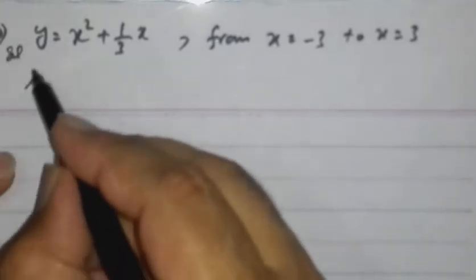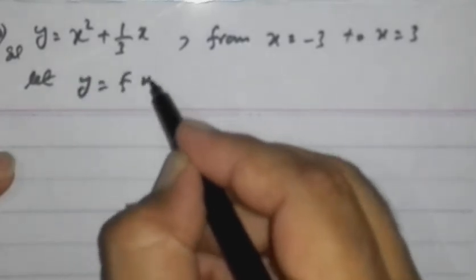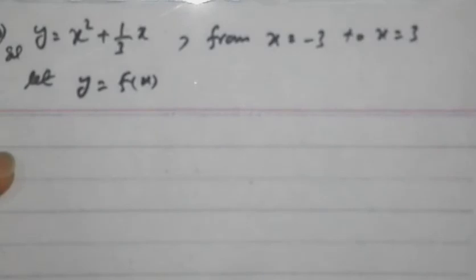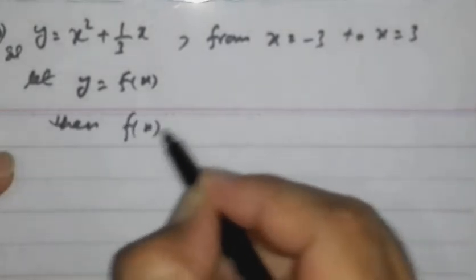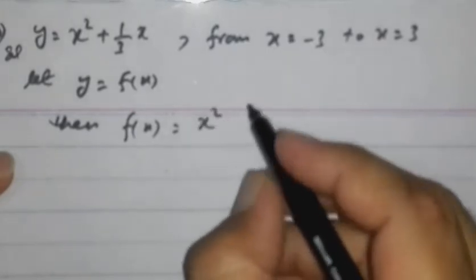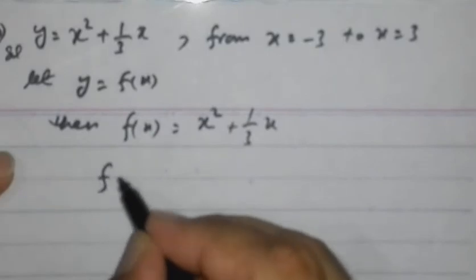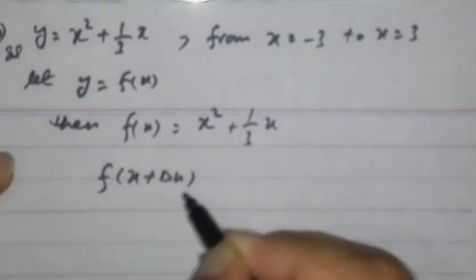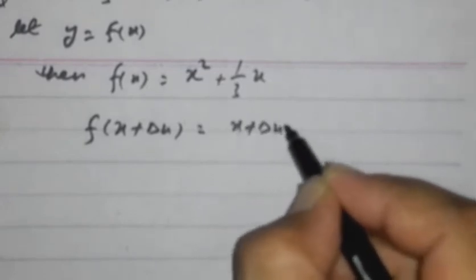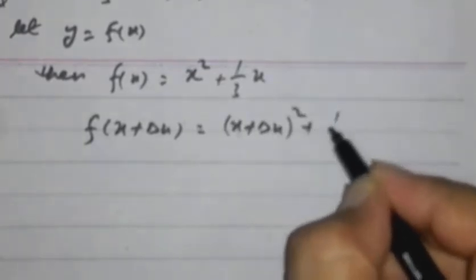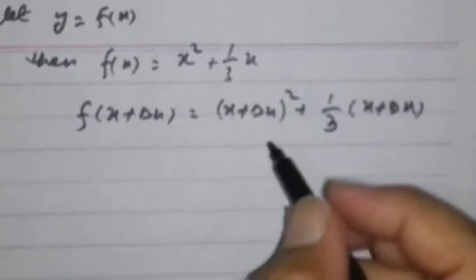Solution: let y equals f of x, then f of x equals x square plus 1 by 3x. Adding increment, f of x plus del x equals x plus del x whole square plus 1 by 3 x plus del x.